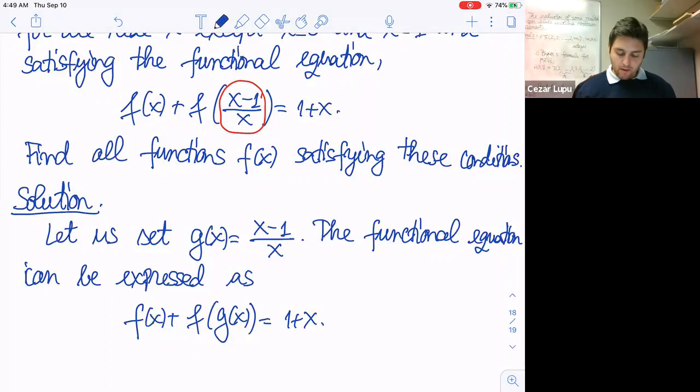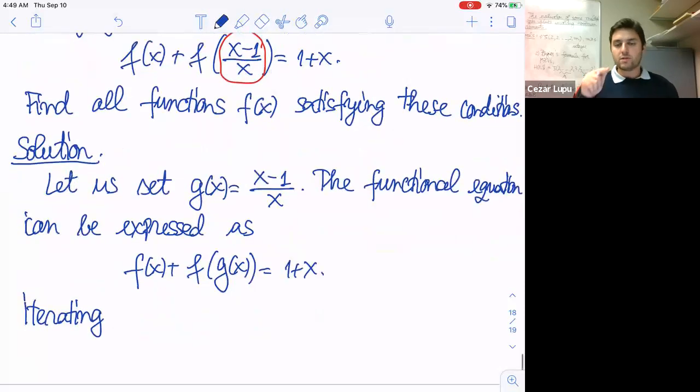Okay, now if we iterate, so iterating, I will just replace x by g of x, and I keep going.